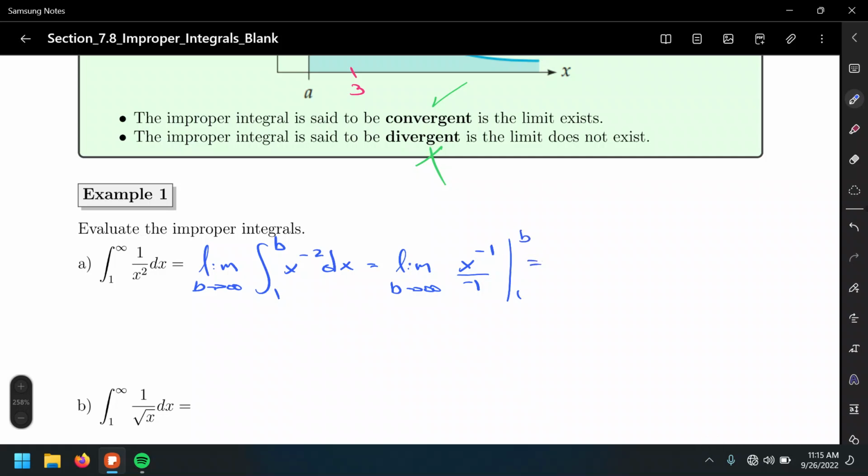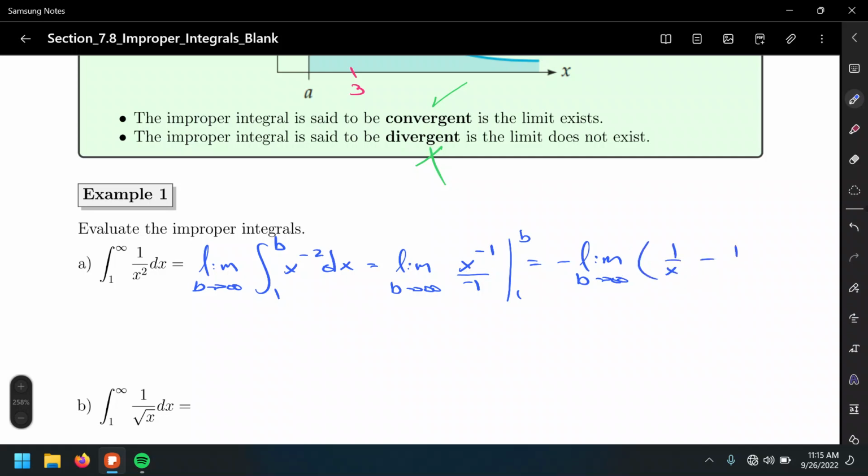So number one, before we do the fundamental theorem of calculus, how about we get this negative in front of the limit, so we don't have to deal with too many negatives when we do the calculations here. Also, I'm going to write this x to the negative 1 as 1 over x.